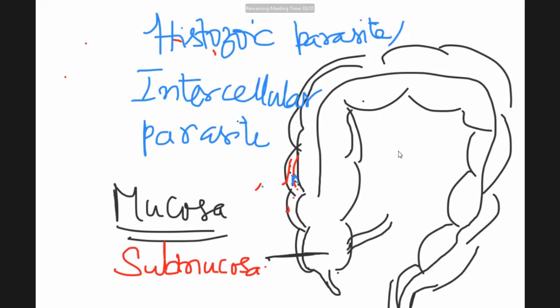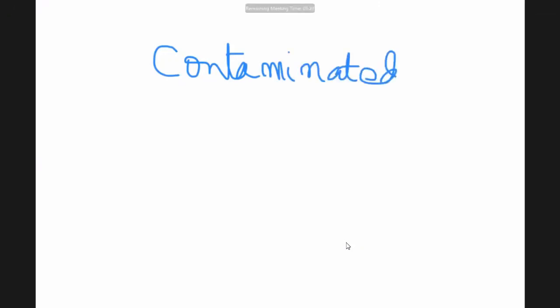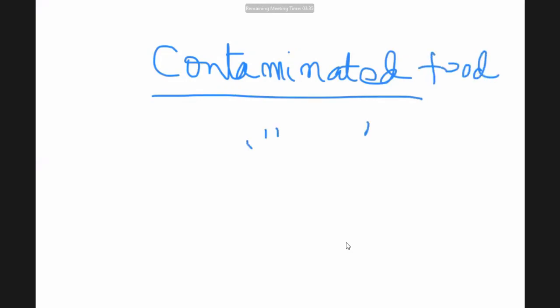Now, what is the general method for entry of a parasite into the gut? Mouth. Food. Contaminated food and water. It infects the human body through contaminated food and contaminated water.